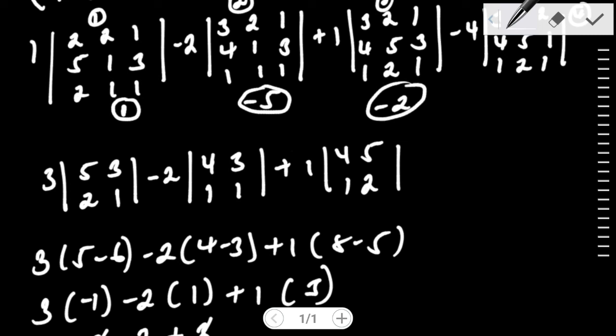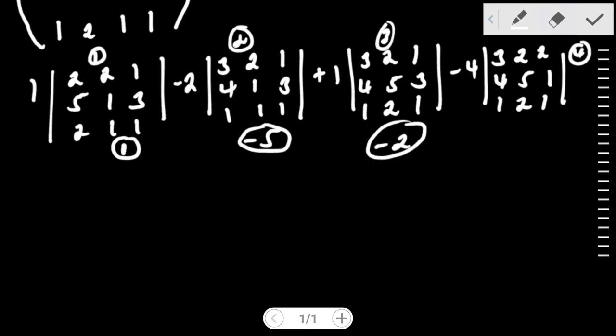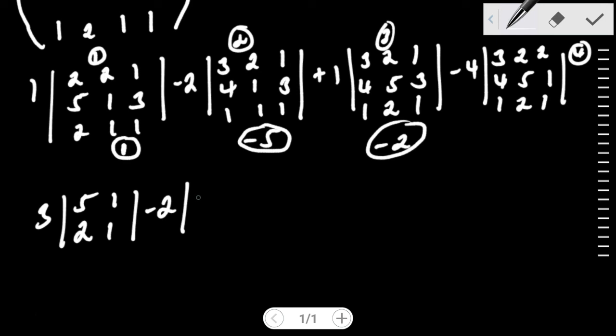Okay, now let's go to the fourth matrix. For the fourth matrix, we are going to have 3 times the matrix 5 1 2 1, minus 2 times 4 1 1 1, plus 2 times 4 5 1 2.